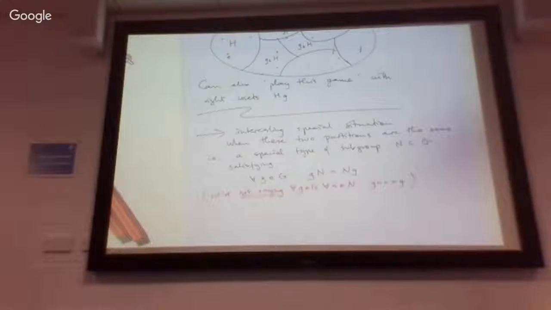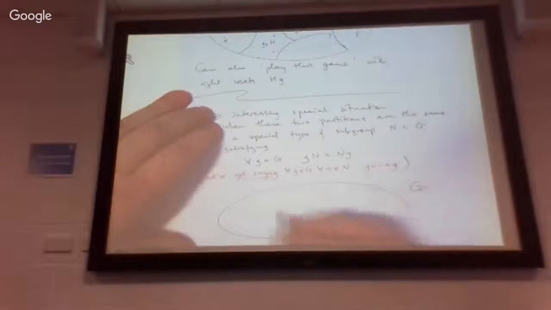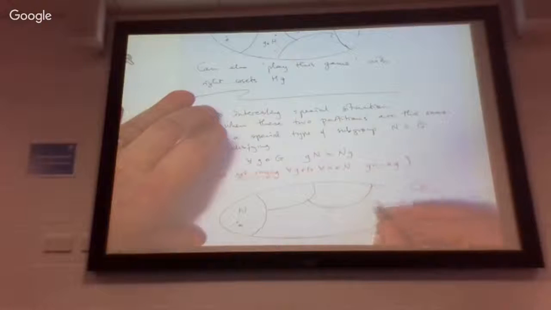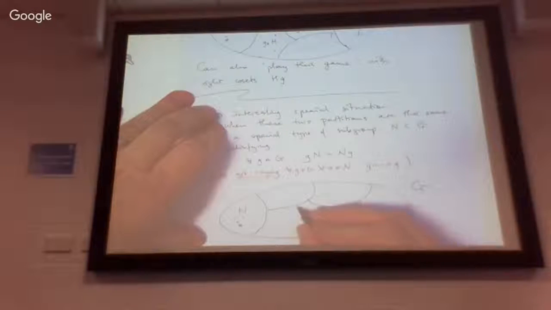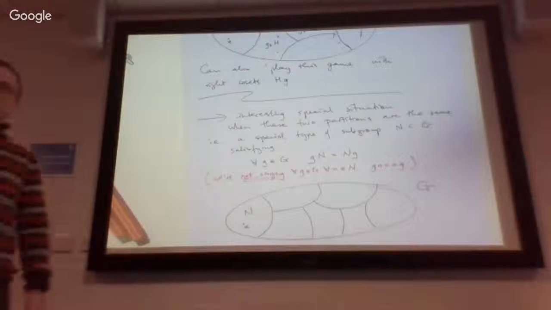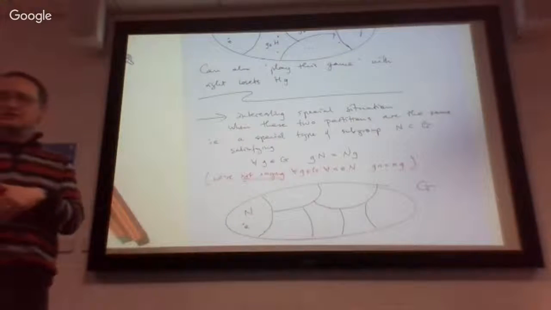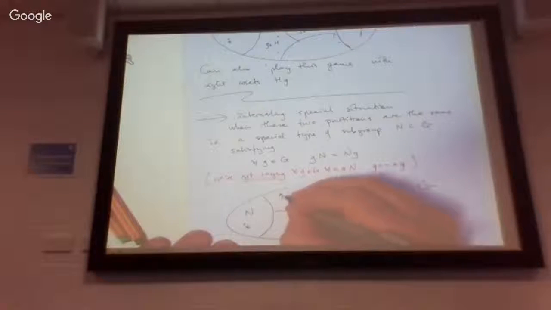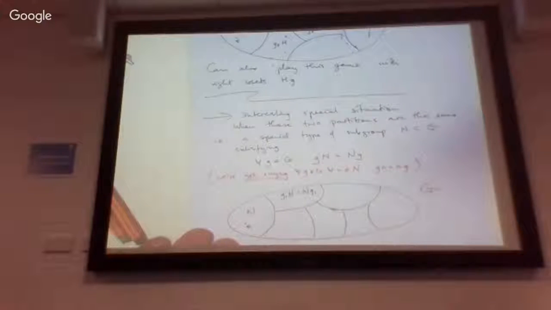equality. Okay? So that gives us then this nice picture that we have the group G, the subgroup N, which at least contains the identity, and then we have the partition into cosets, but we no longer have to specify, are we talking about left cosets or right cosets, because they're the same thing. Okay. So this will be one coset over here, and it's also like this over here.